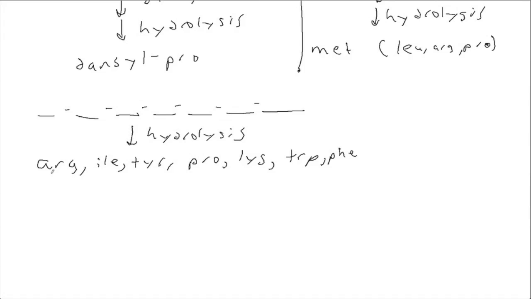So it seemed like you were writing the amino acids before the hydrolysis, but we don't actually know what the amino acids are until after the hydrolysis. So should I just write hydrolysis and then an arrow going down to the amino acids? That's fine. Yeah, you can do that.